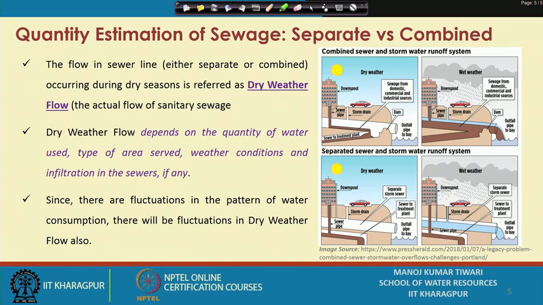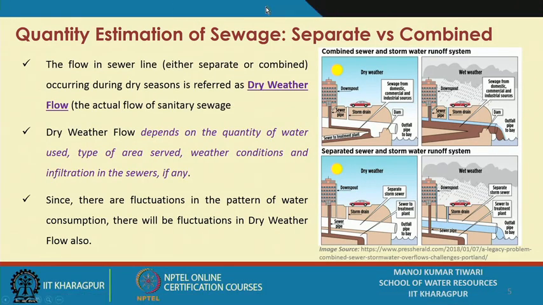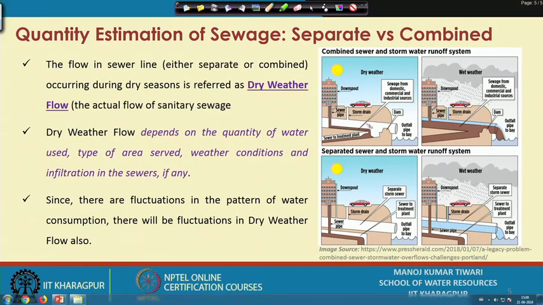So, if you see here, in the dry weather season, when there is no rain, you have a combined sewerage system, typically called a combined sewer system, installed.